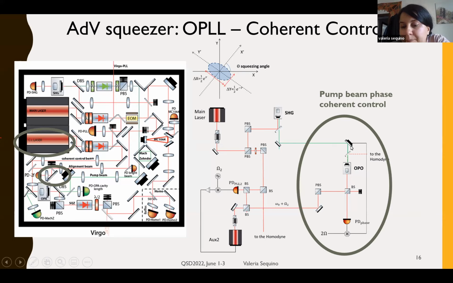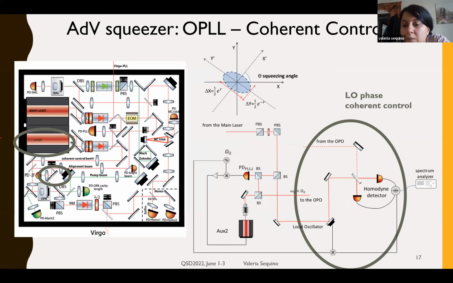We have the second harmonic generator beam. We have here an actuator that is a piezoelectric actuator to which an error signal is sent in order to fix the phase of the pump. But once we fix the phase of the pump, we also have to fix the phase of the local oscillator that in our measurement is our reference system.